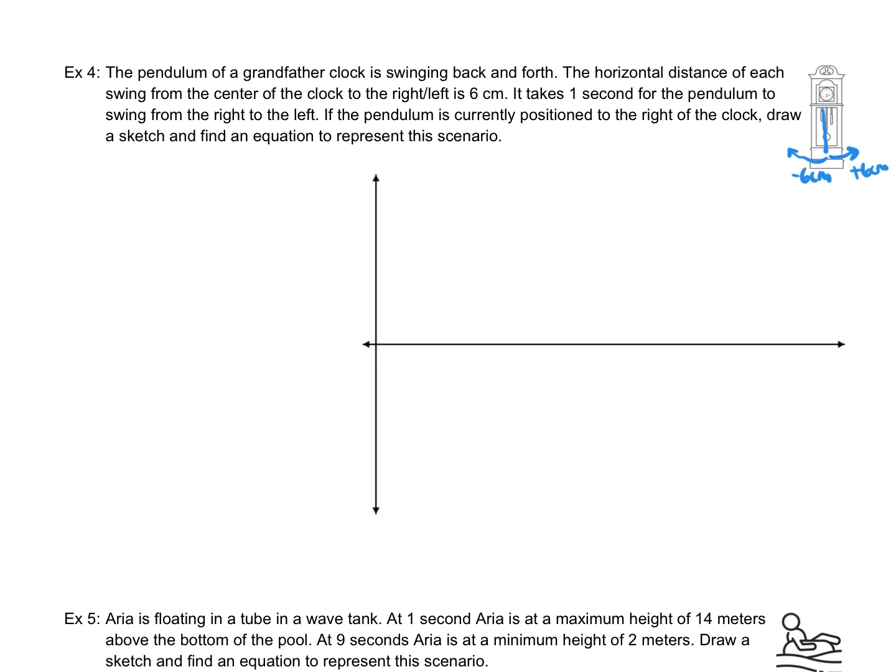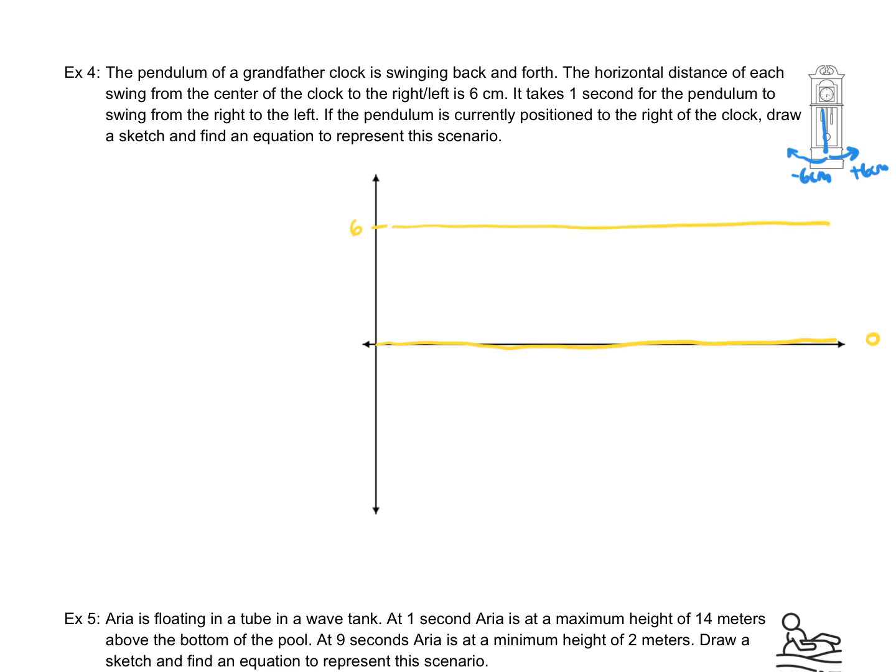If the pendulum is currently positioned to the right of the clock, draw a sketch and find an equation to represent this scenario. Okay, so it would make sense for the center to be our central axis, which is 0. So if we're at the center, let's call that 0. And then we're going to the right 6 centimeters, so maybe that's going to be our maximum.